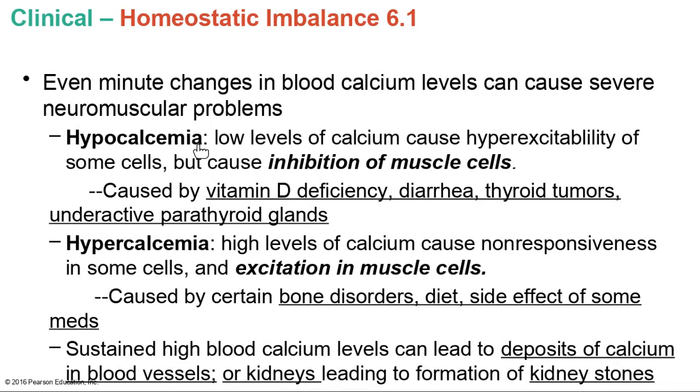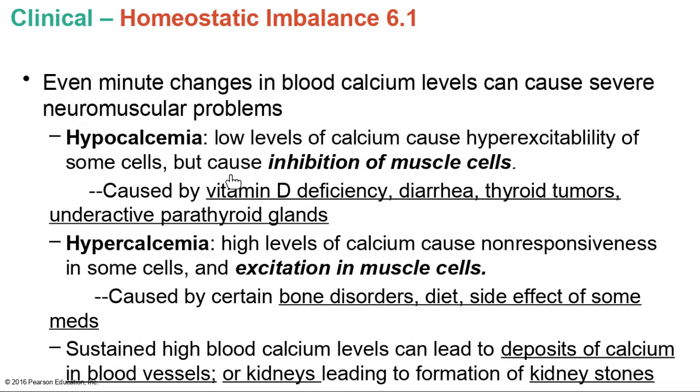But I would like you to know that in general, hypocalcemia will cause an inhibition of muscle cells, because calcium is required for muscle contraction. If your levels of calcium are too low, you will not be doing muscle contraction very well. In some cells, it actually has the opposite effect, but that relates to the concentrations of other positively charged ions, which will vary.